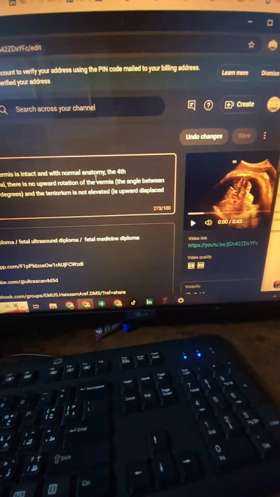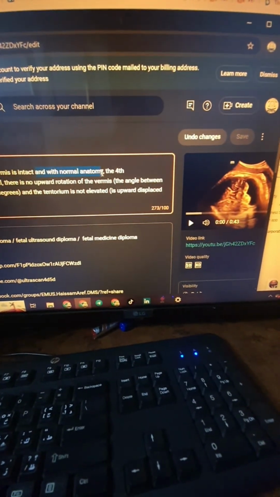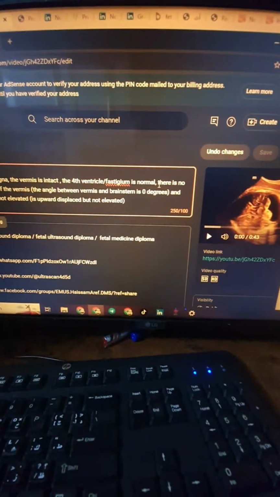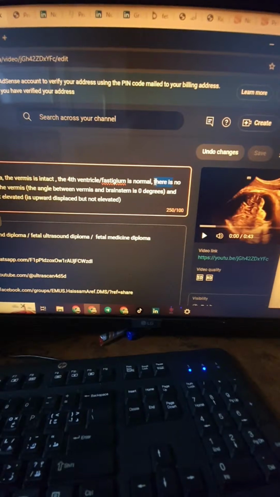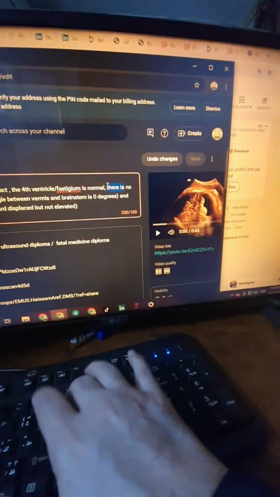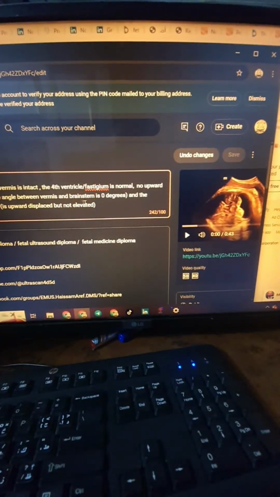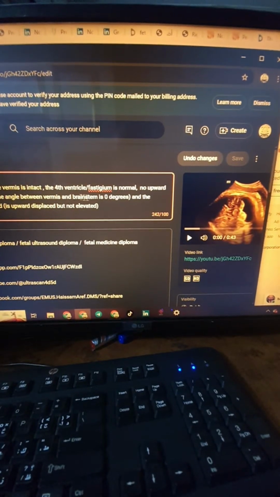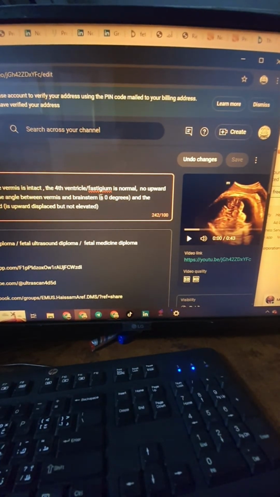The vermis is intact. Yes, the fourth ventricle vestigium is normal. No upward rotation of the vermis. The angle between vermis and brainstem is 0.